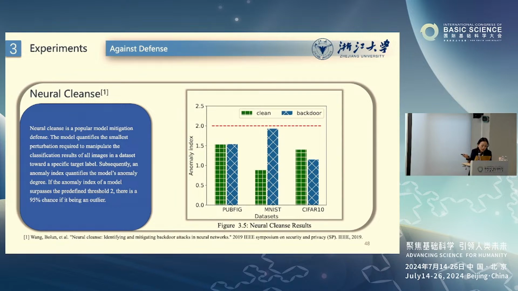Subsequently, it qualifies the models. A model redefines the threshold, or the data not passed, the data is less than this to 0. We pass this defense method, or backdoor.